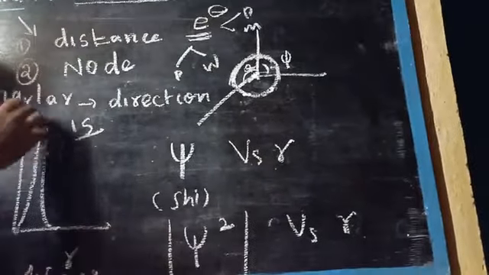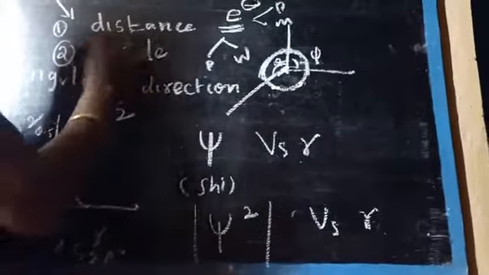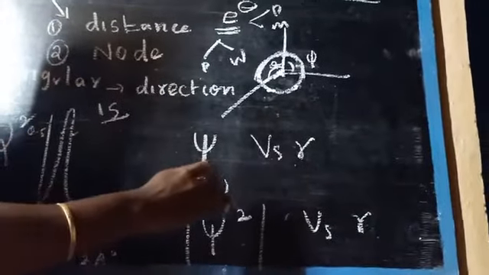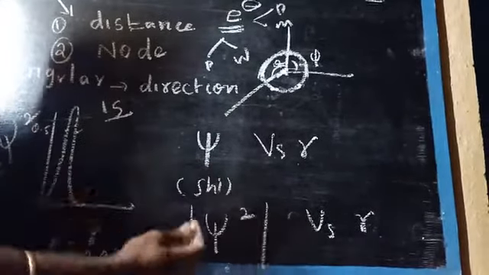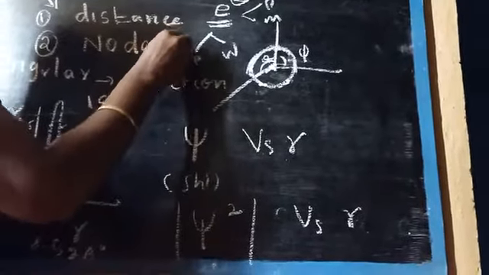Okay, so now, the node calculation formula. We are going to find out the nodes, the places where the electron is absent, using the node formula n minus 1.